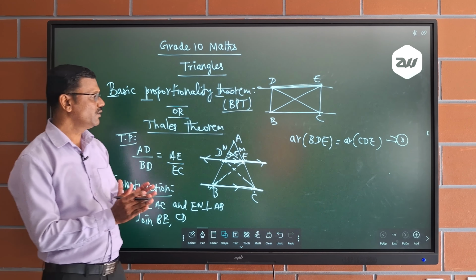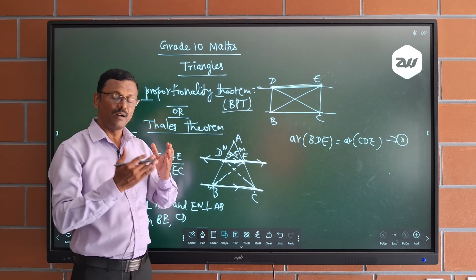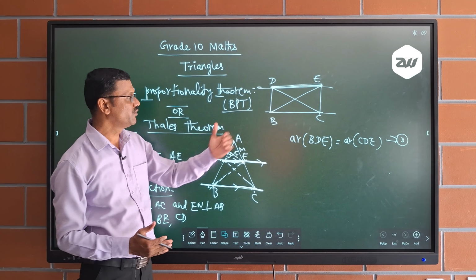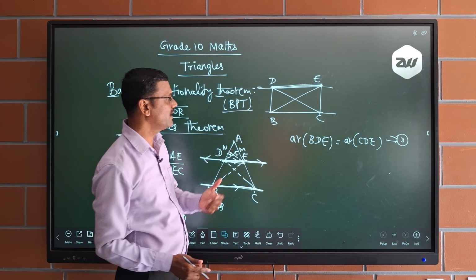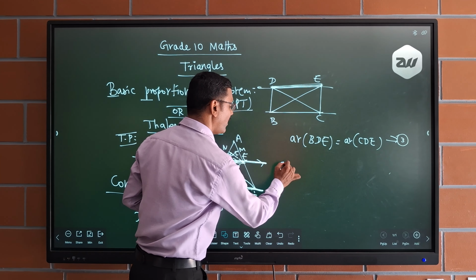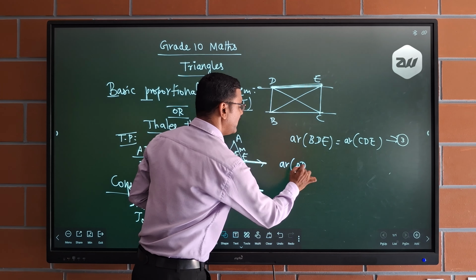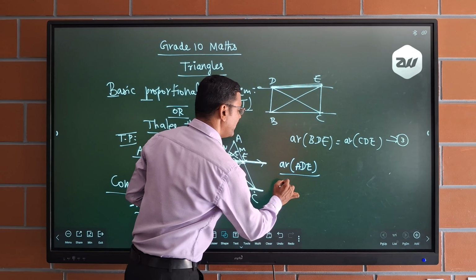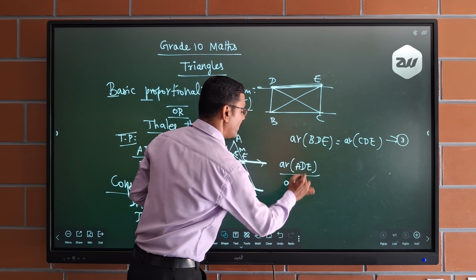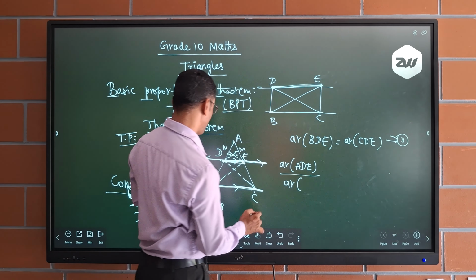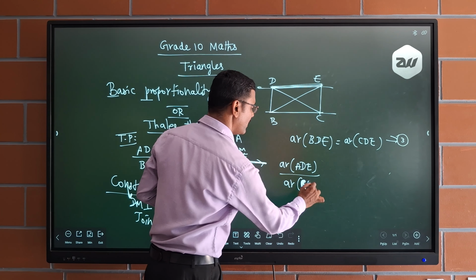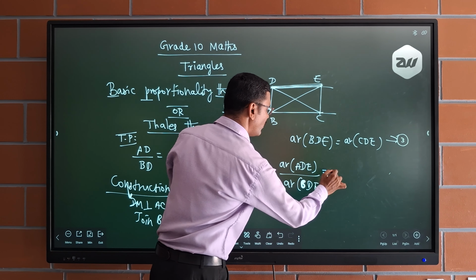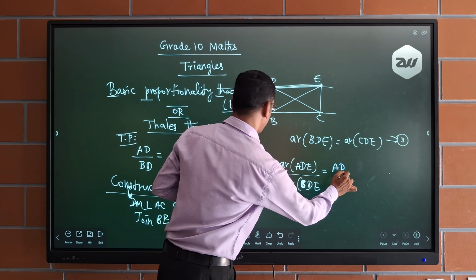Now I am going to connect all the 3 equations, 1, 2, 3. So what does the theorem say? Area of ADE by area of BDE is equal to AD by BD.